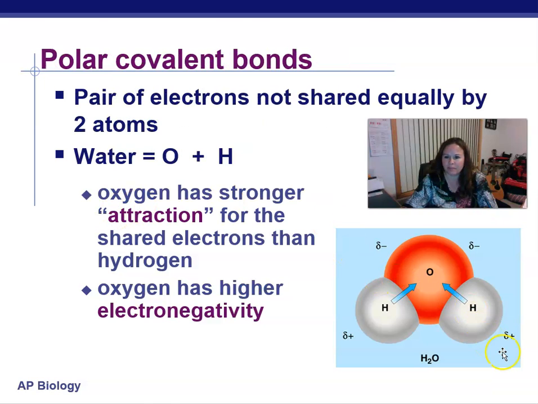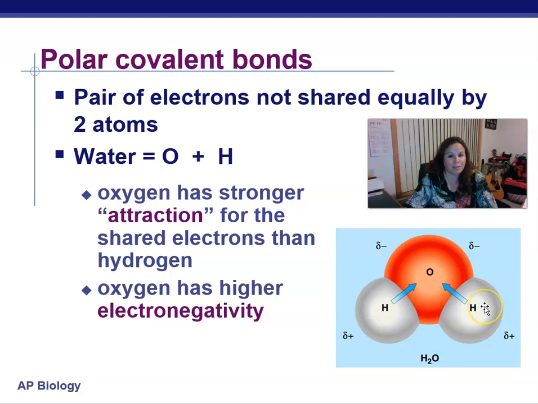Water is special. It makes covalent bonds with the oxygen to each of the hydrogens. We'll talk a little bit more about water as its own thing, but it turns out that oxygen, when it shares those electrons with hydrogen, is a little bit stronger than the hydrogen.